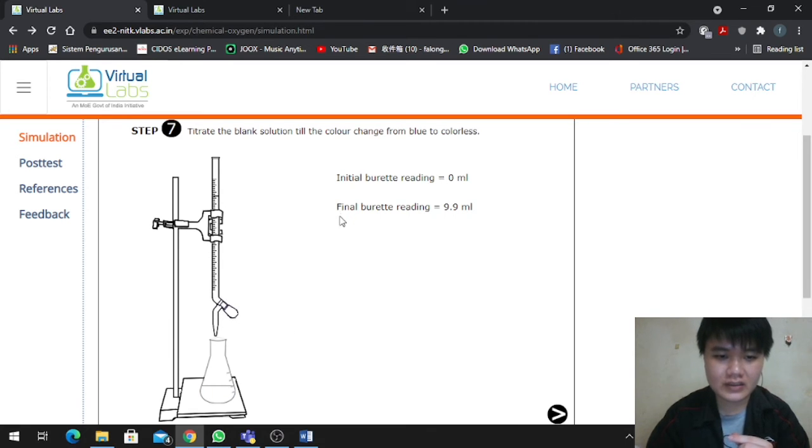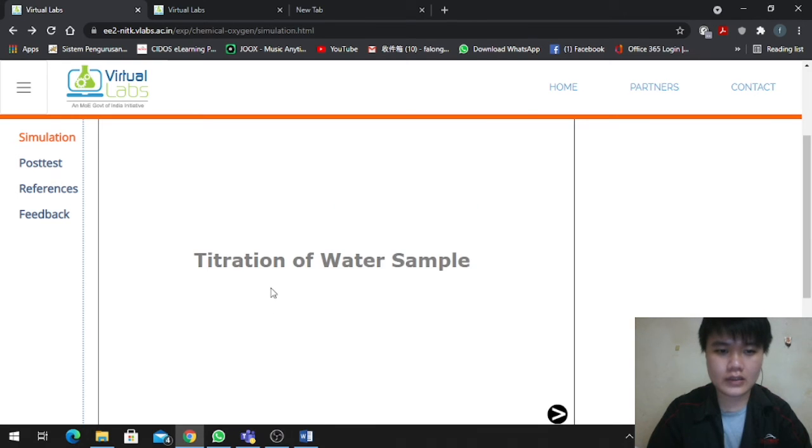After that, we get the final burette reading is 9.9 ml. Next, we do the titration of water sample.